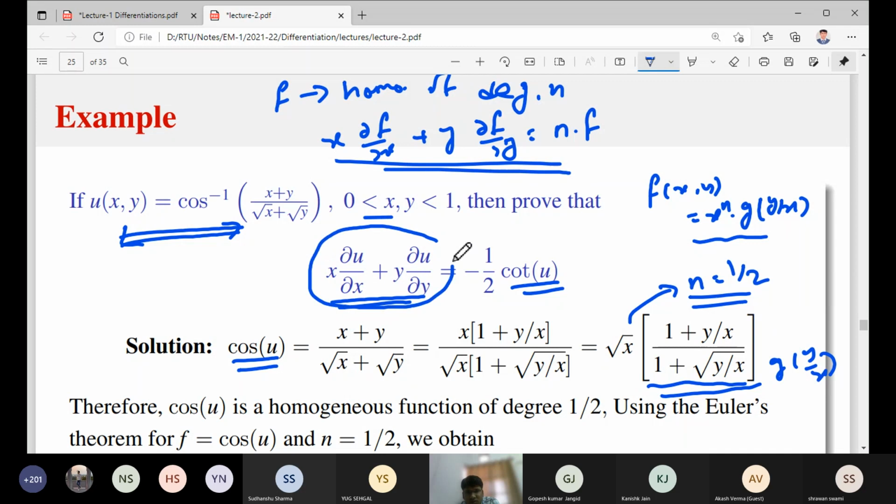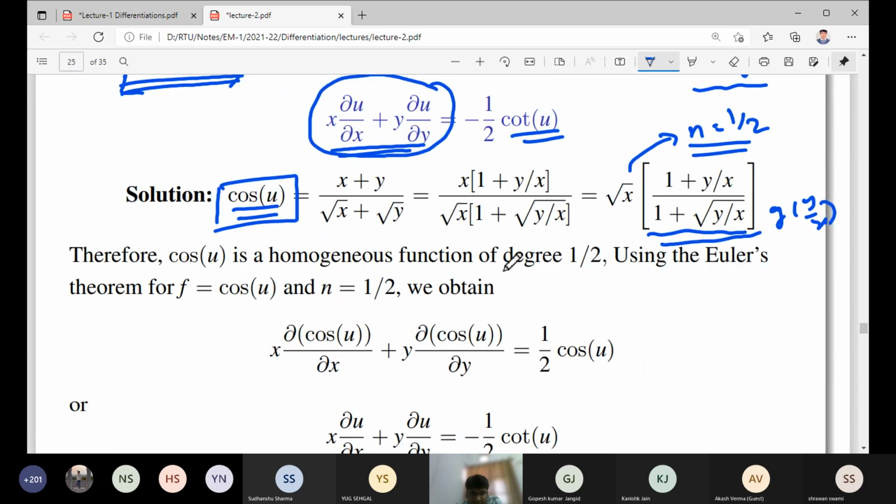All right. So with the help of Euler's theorem for the given function cos of u, if we put cos of u in place of f, then we get x times del of cos u divided by del x plus y times del of cos u divided by del y equals 1/2 cos u. And what is the derivative of cos u with respect to x? It is minus sin u.